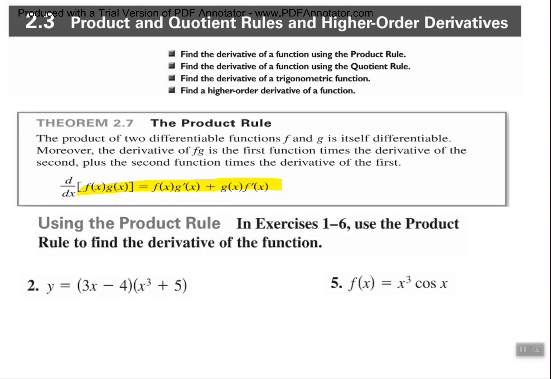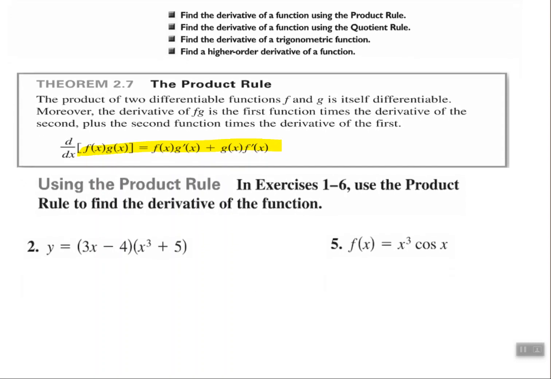Alright, so using the product rule on number 2 here, we have y equals 3x minus 4 times x to the third plus 5. And if you're looking at your formula up here, you're treating that 3x minus 4 as f of x and the x to the third plus 5 as g of x.